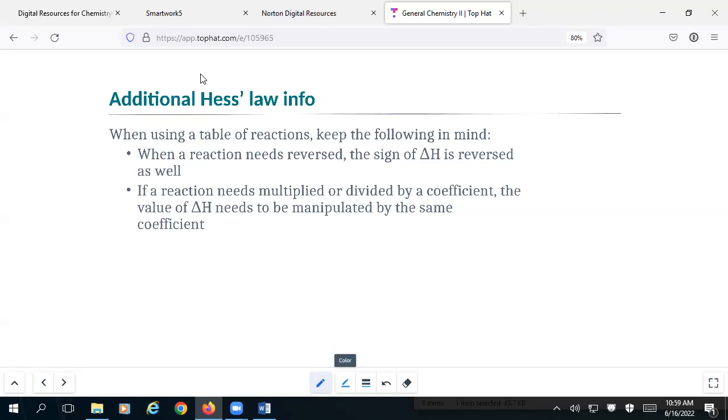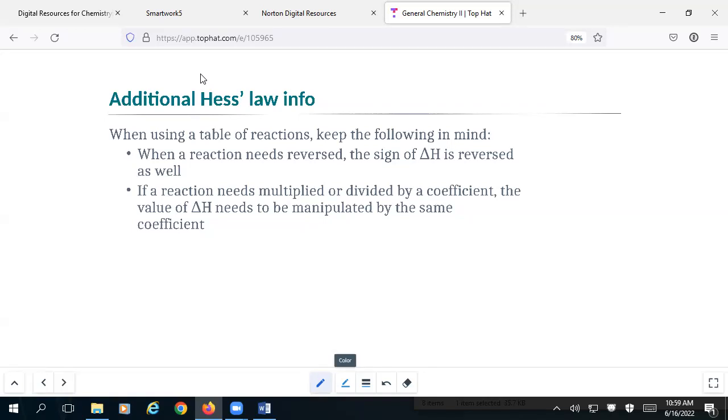And if this sounds familiar, it's because we did something very similar when we combined equilibrium constants together in chapter 14.